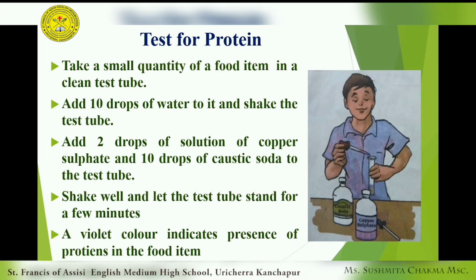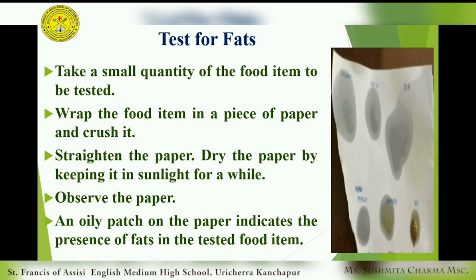Then we'll shake it well and keep the test tube for a few minutes. Then a violet color will appear, which indicates the presence of proteins in the food item. So this is how we can test for protein in food items.